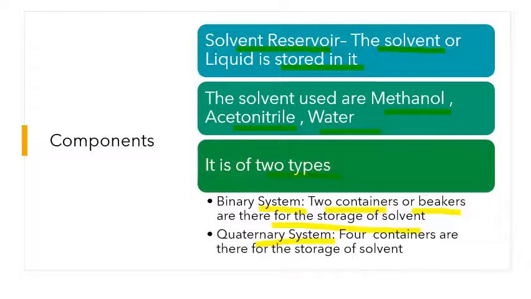In HPLC, there is also another system, the quaternary system. In the quaternary system, there are four containers in which we can store our mobile phase or solvent or liquid. These four containers or beakers take the solvent in the appropriate concentration used in the analysis.